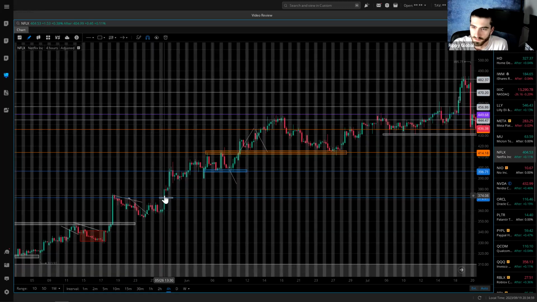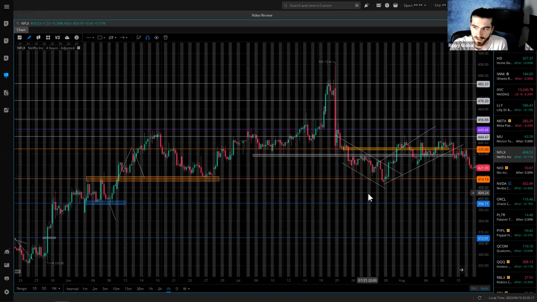Last time we broke above that, it was a straight shot up, no pullback. No sellers stepped in for buyers to have to pick it up at 372 again. We never really had a gap fill underneath, like 387, 388 a share. So I truly believe Netflix still has downside.